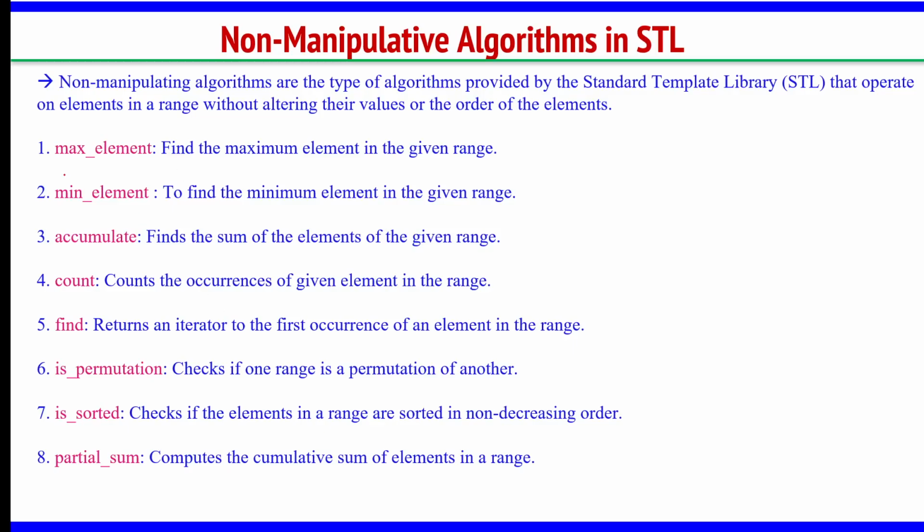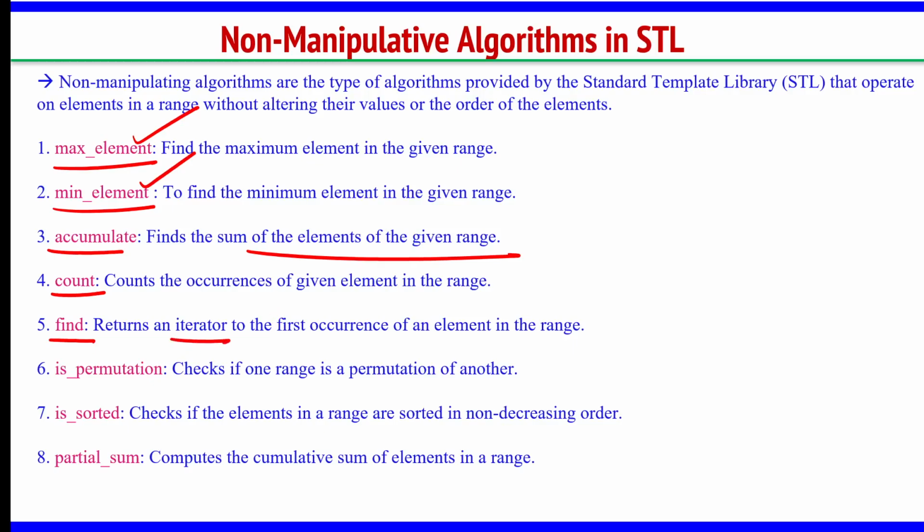I will repeat once again: max_element to find the maximum, min_element to find the minimum element in the range, accumulate sum of all the elements in the given range, count the number of times a given element is appearing, find whether the element exists or not. If it exists, give its starting location, that is the pointer. is_permutation and is_sorted, whether the array elements are sorted or not.